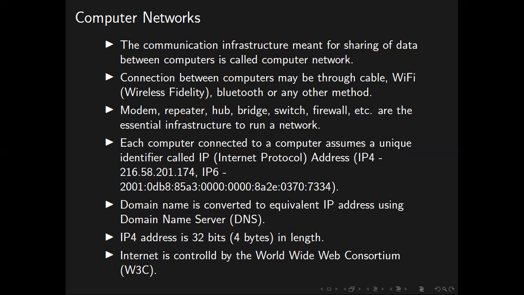Then IP version 6 permits more flexible addressing. It has the capacity to accommodate an enormous amount of data, and separation is provided through colon. Here in IP version 4, we use dot for separation of digits, whereas in IP version 6, we use colon for separation.